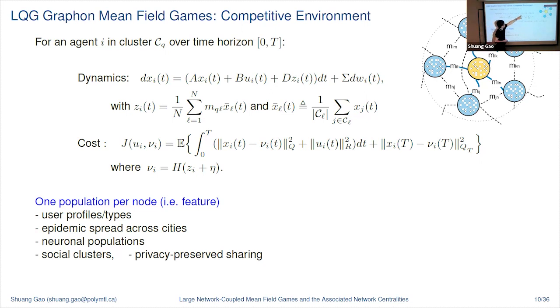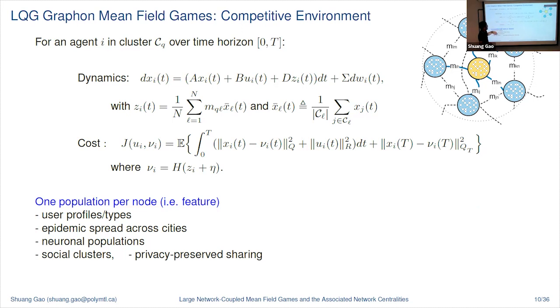The coupling here has this particular structure. First, all the agents associated with one node take an average on that particular node. And then they do a network weighted average to produce this influence vector.